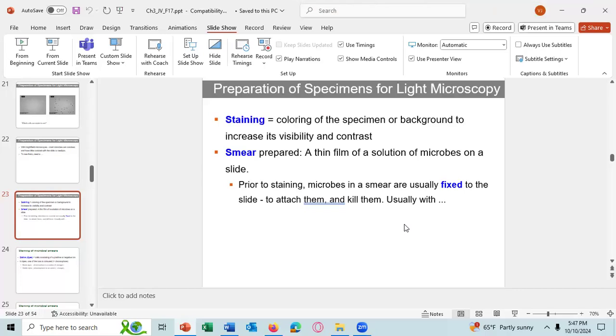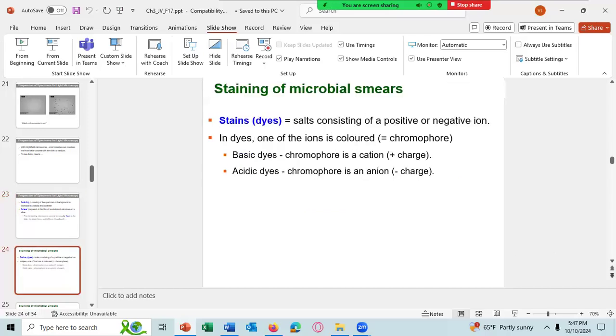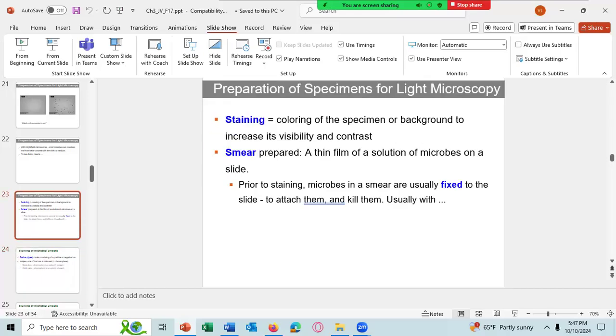You let the bacterial smear air dry, usually just a few minutes, and then heat fix them to the glass. I'll go over exactly how you make a bacterial smear when I'm talking about the gram stain.